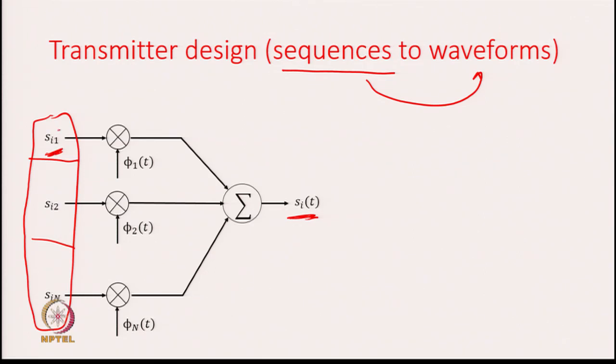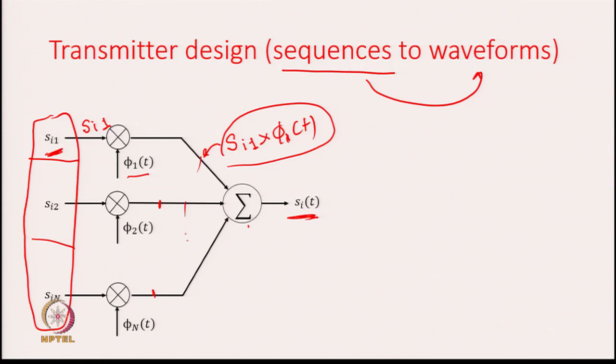So, I have this number s_i1, I multiply this number with phi_1(t), and what I get here is s_i1 times phi_1(t). At the output of these multipliers, I will get similar products, and this summer collects all such products, and we get s_i(t).